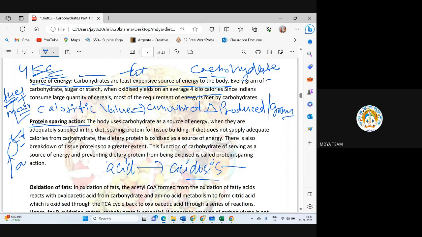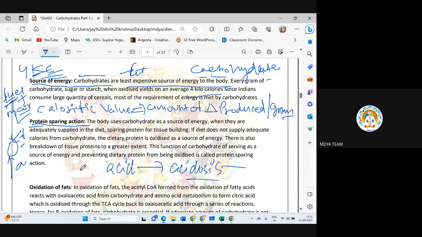What is the source of that protein? Not from bones, from our muscles. Muscles are basically made up of protein.